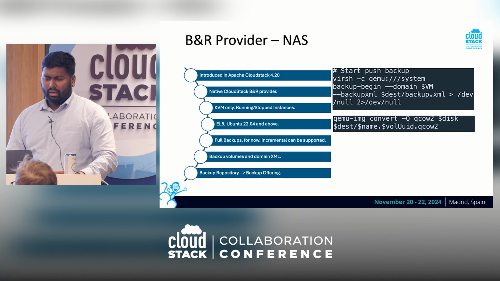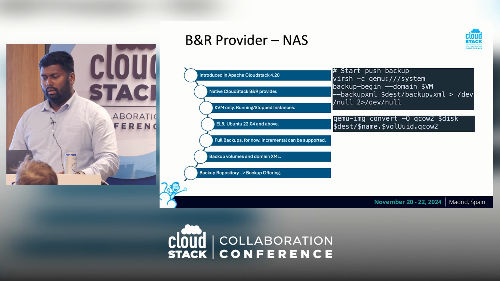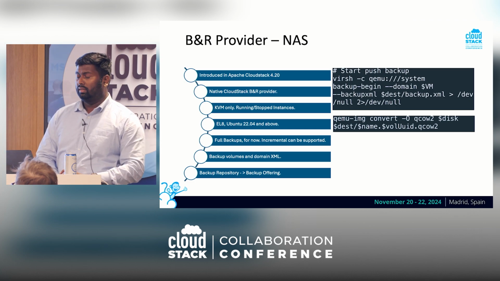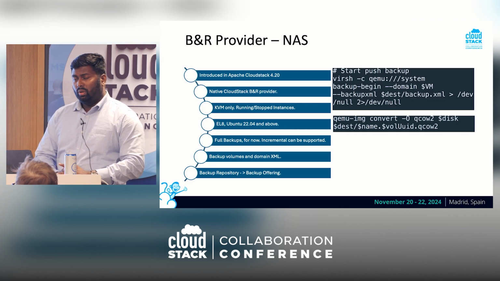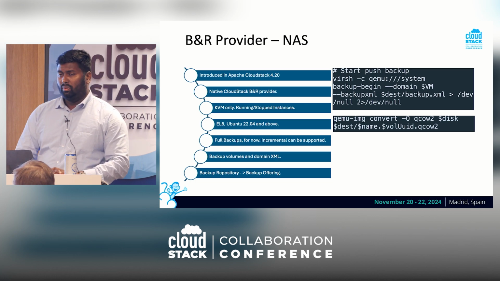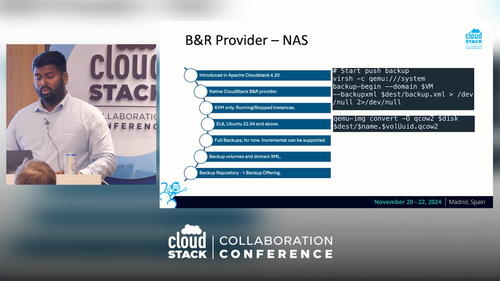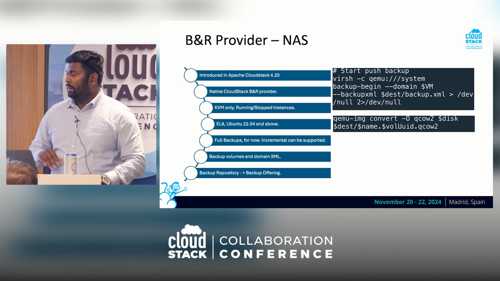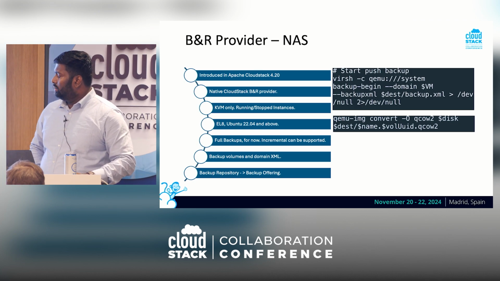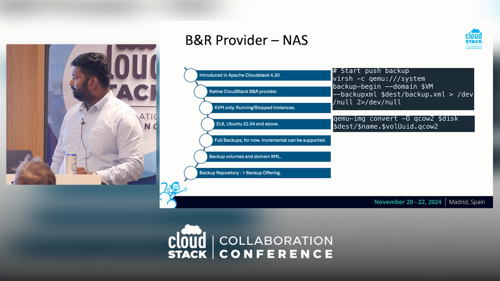It uses a libvirt functionality called push mode backup. That's what is implemented right now, and you need to use either EL8 and above or Ubuntu 22 and above, because those functionalities are only available in these versions. Basically, it ties to the libvirt and QEMU versions.